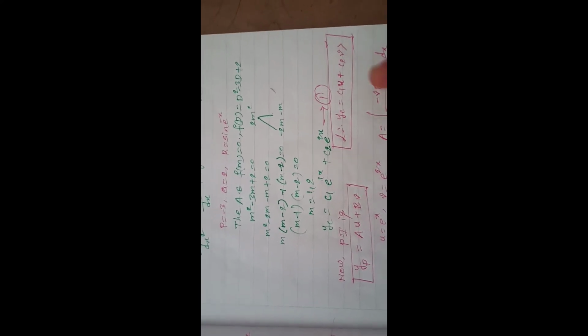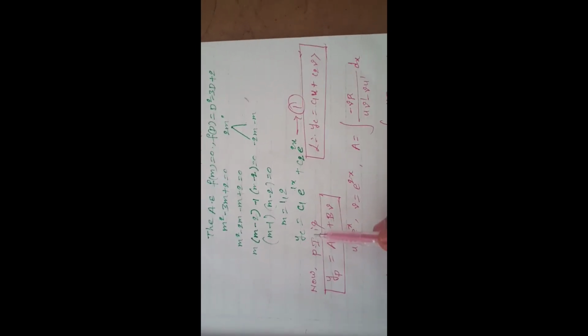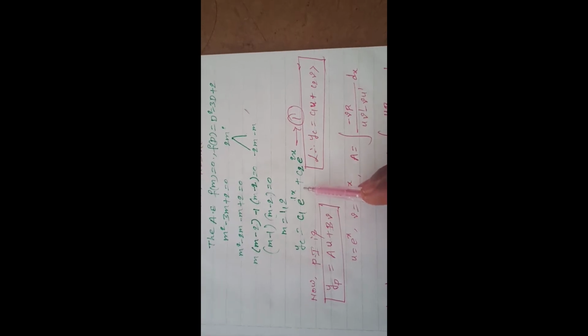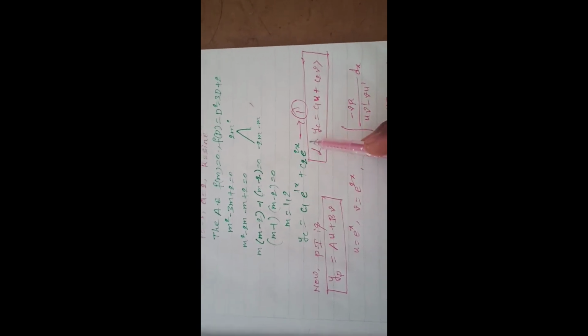These are two different roots. When you get two different roots, we know very well how to write the complementary solution: y = c1 e^x + c2 e^(2x).